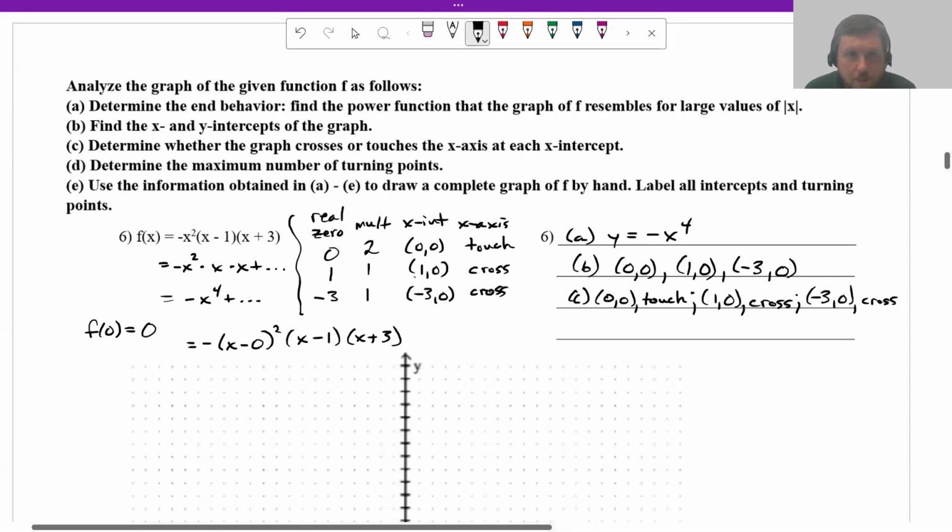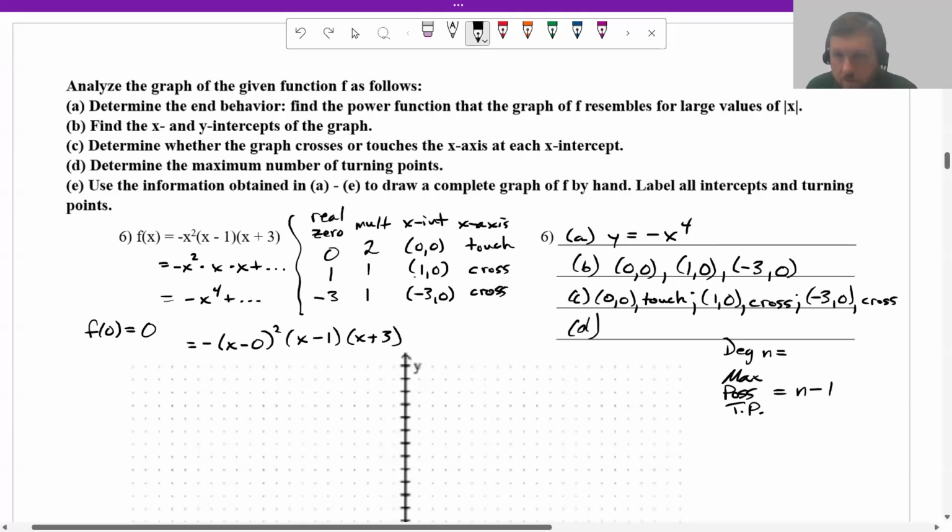Okay, part D, determine the maximum number of turning points. So the maximum turning points is the degree minus 1, and the degree is n equals, well, look at your power function.